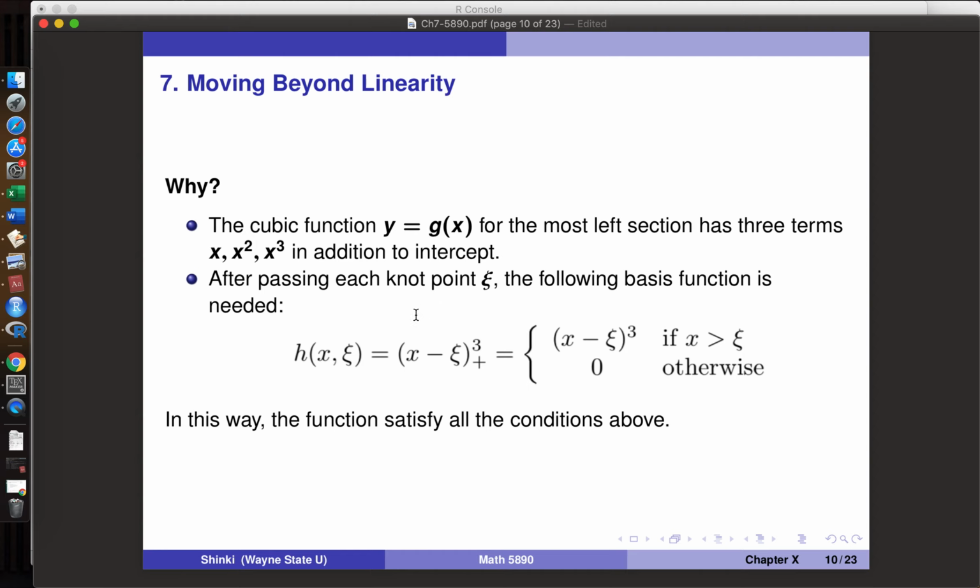And actually, we can have a more concrete expression. On the most left-hand side, we use x squared and x cubed. And just to the right-hand side of the first knot point, we use another function h of x, xc, where xc is the knot point. And this function is x minus xc cubed plus.